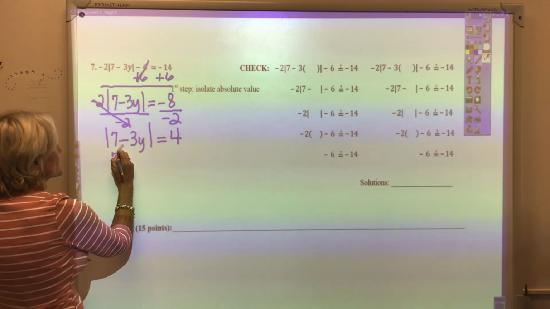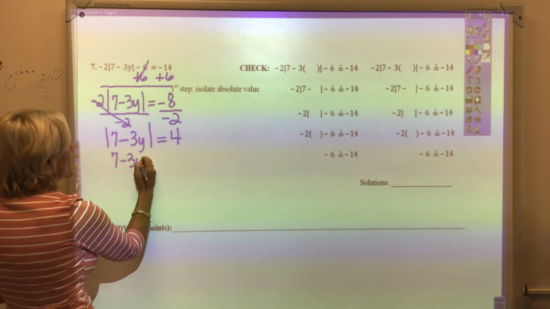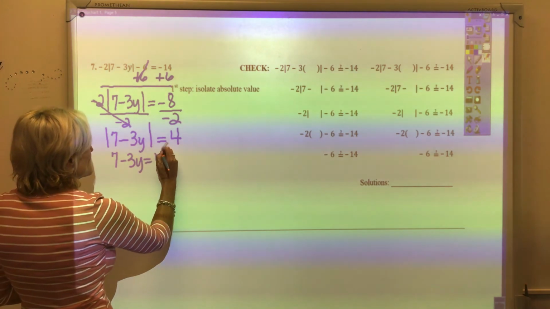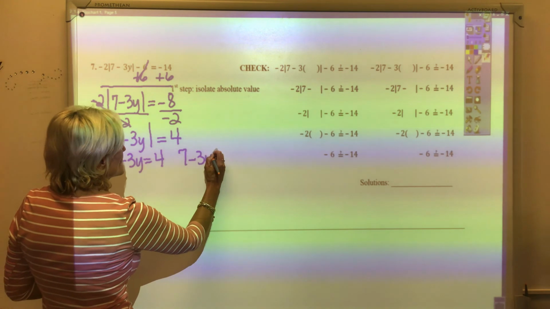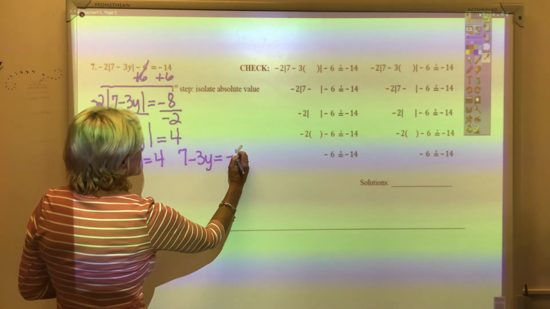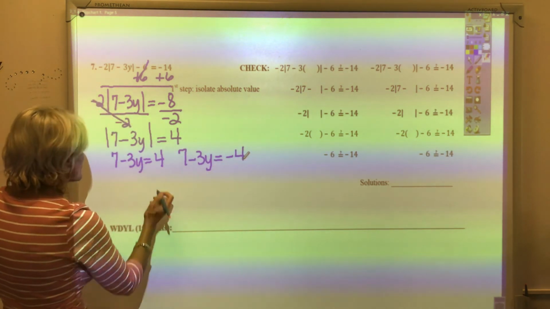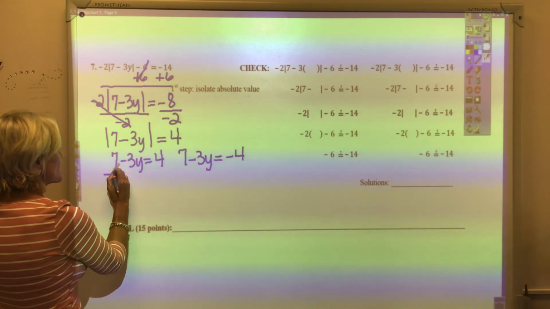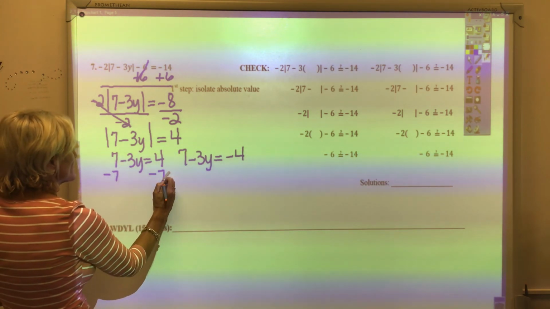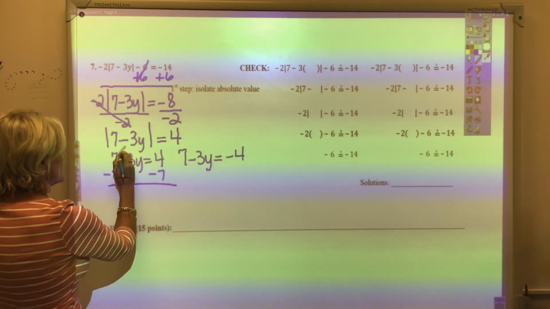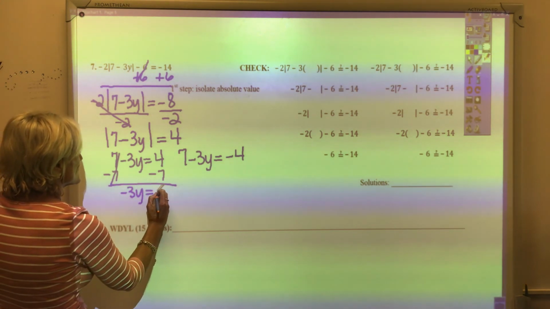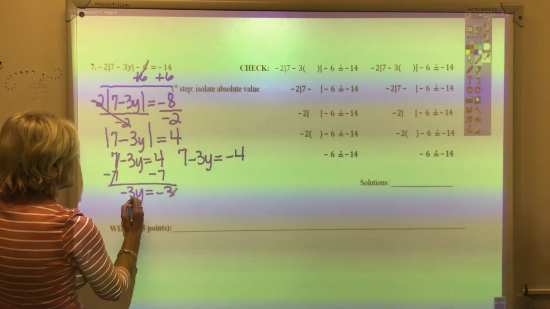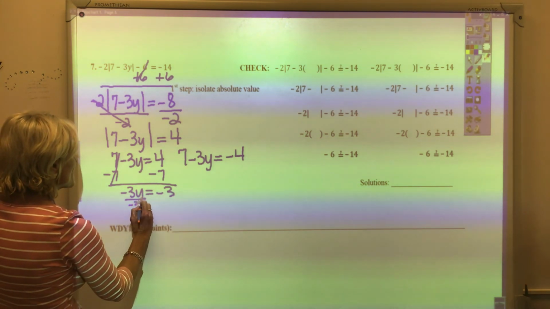Break it apart. 7 minus 3y equals 4. 7 minus 3y equals negative 4. So we're going to subtract 7 from both sides. Negative 3y equals negative 3. Divide by negative 3.